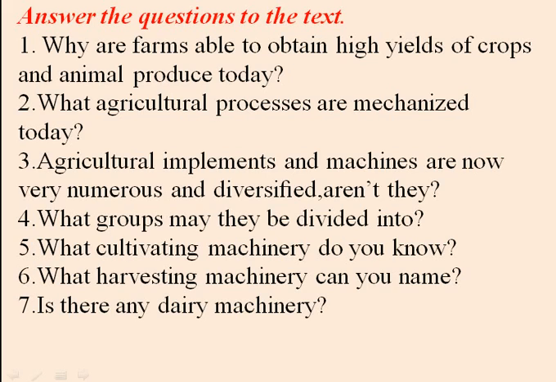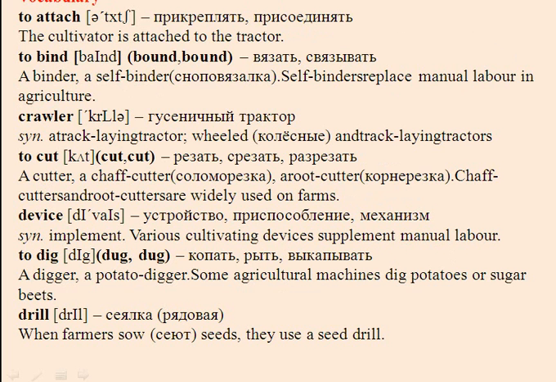Now let's write down the new words. Vocabulary. The first verb is to attach, прикреплять, присоединять. For example, the cultivator is attached to the tractor. Значит, пишем слово to attach и перевод. Прикреплять.